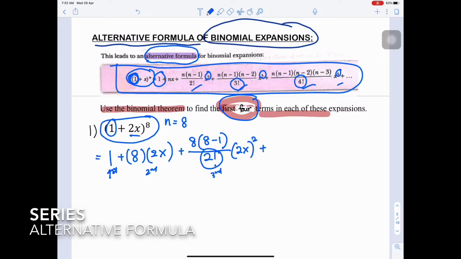Then plus 8 times 8 minus 1 and 8 minus 2 over 3 factorial, times the second variable 2x to the power of 3, plus dot.